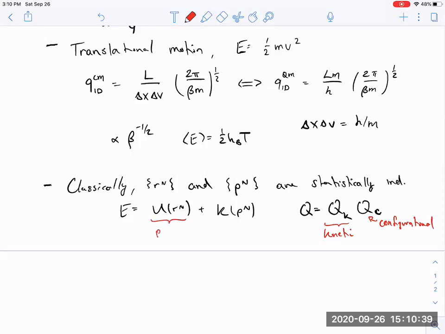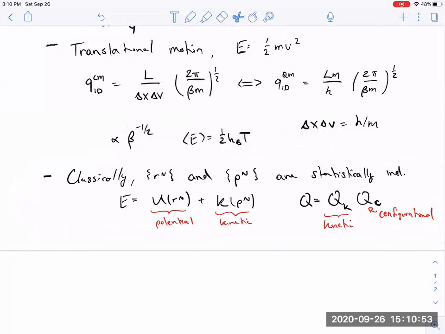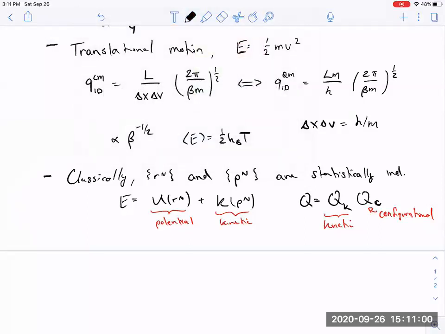So this is the potential energy. That's the kinetic energy. That linearity, that summation of those two pieces, classically, where those are really just numbers, they aren't operators, so when I put them up in the exponential, I can write the exponential as a product.